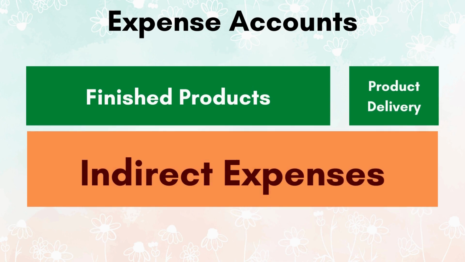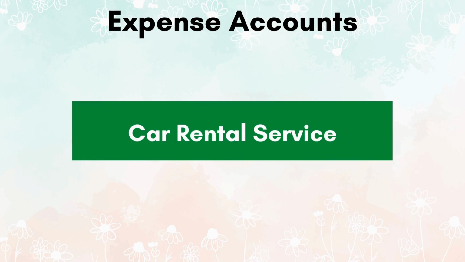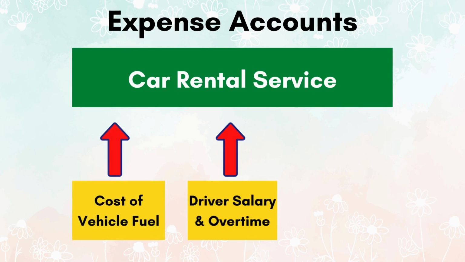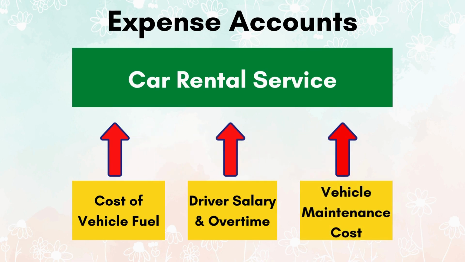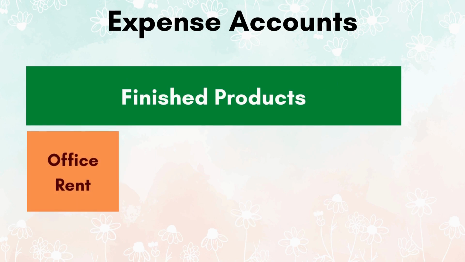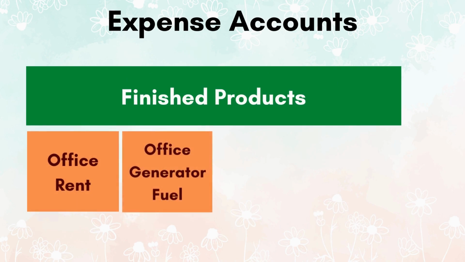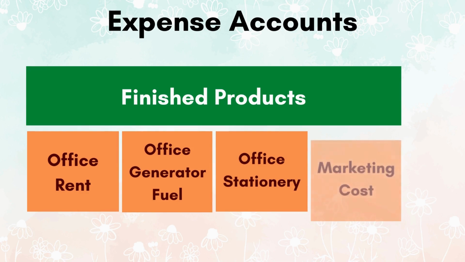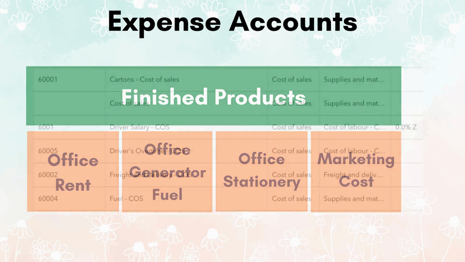For example, if you run a car rental business, some of your direct costs will be the cost of buying fuel when driving a customer, the salary paid to the driver, and overtime allowance paid to the driver. Examples of your indirect expenses will be the cost of renting an office, the cost of buying fuel to power the office generator, the cost of buying stationery for office paperwork, as well as marketing costs.